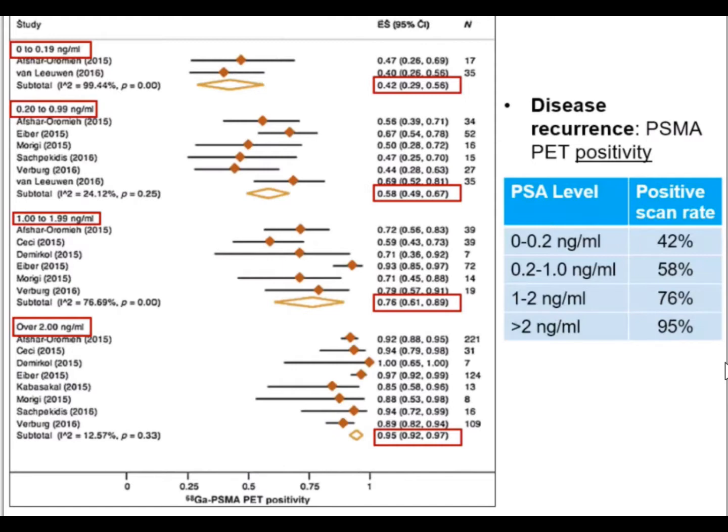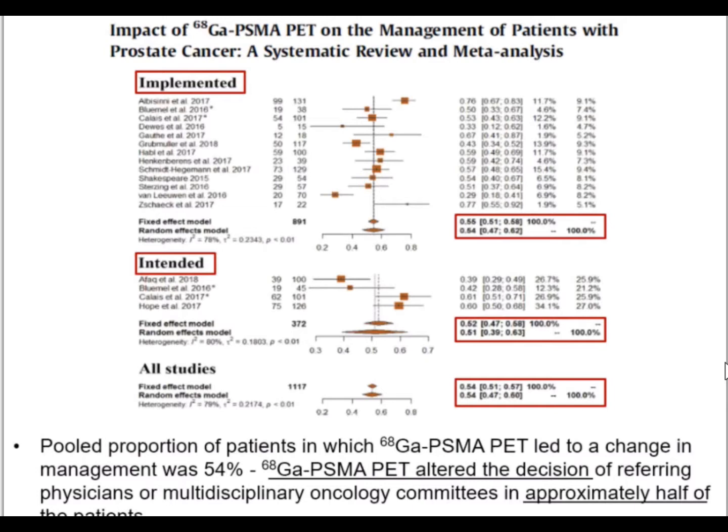Also, in this systematic review and meta-analysis, this was a pooled patient analysis looking at implemented versus intended management when they talk about the impact of PSMA PET on the management of patients with prostate cancer.